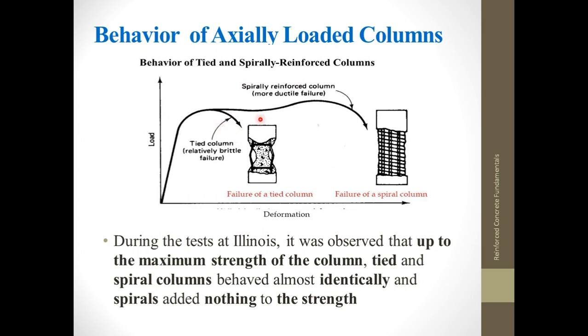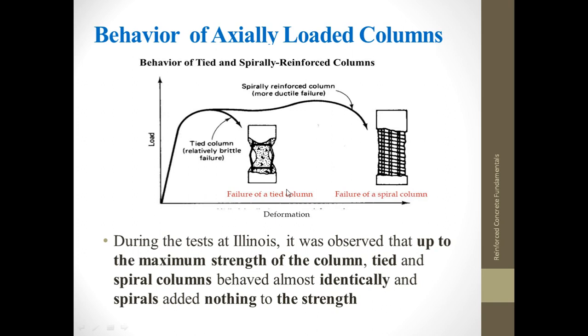As you can see here, the behavior up to that point, the point I'm talking about is that point, is identical for tied and spiral columns. By the way, this drawing shows the representation of a tied column and this one the spiral column.